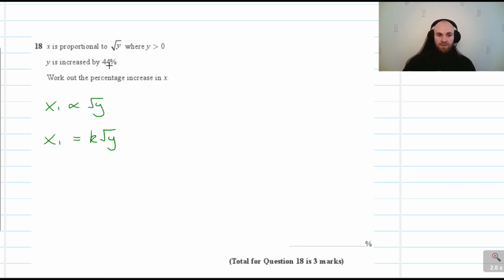Y is increased by 44%. So we know that this y is increased by 44%. So this second x is going to equal k root 1.44y. And here with this, I think a good idea is going to be to split this.